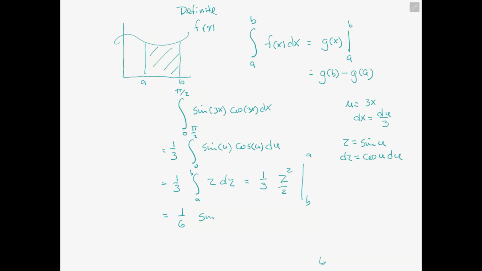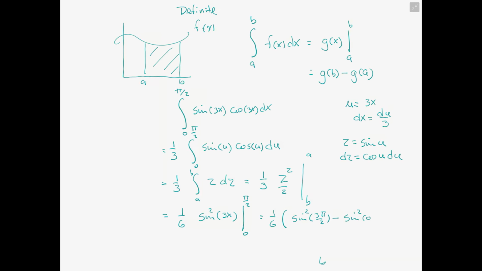Okay, so actually that's 1/6. 1/3 times 1/2 is 1/6. And z squared is sine of u, and then when we do all of our substitutions, we have sine squared of 3x between pi on 2 and 0.